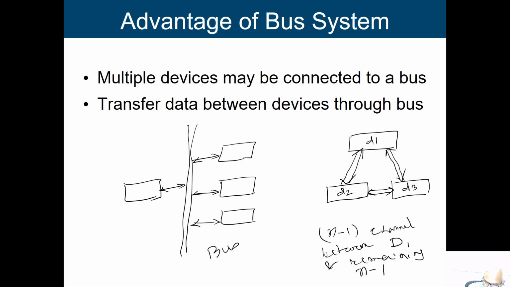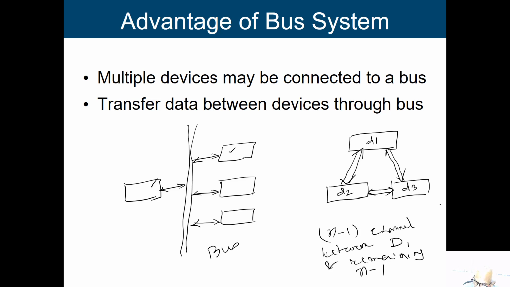Now, by looking into this provision, what we are getting is that at any point of time we can transfer only one piece of information from one particular device to another device, or maybe from one device to multiple devices. But 2 different kinds of communication cannot be performed simultaneously.